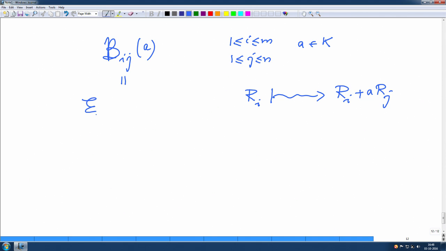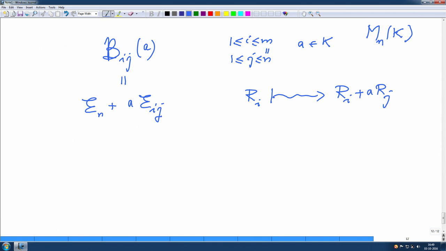That is how this matrix is defined: by definition the identity matrix E_n plus a times E_ij. This is the definition of an elementary matrix. So let us do it for square matrices first, so I am assuming m equal to n. Is that clear? Sorry to make a confusion, I am working in square matrices.